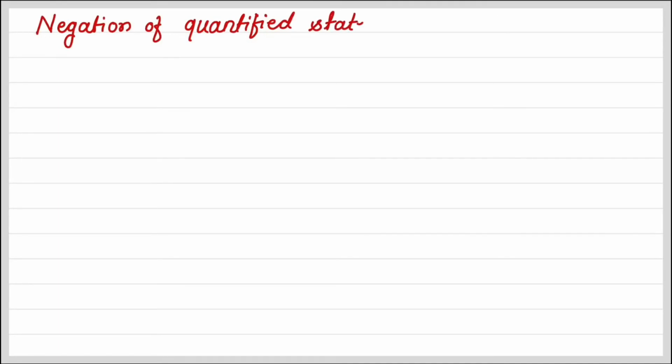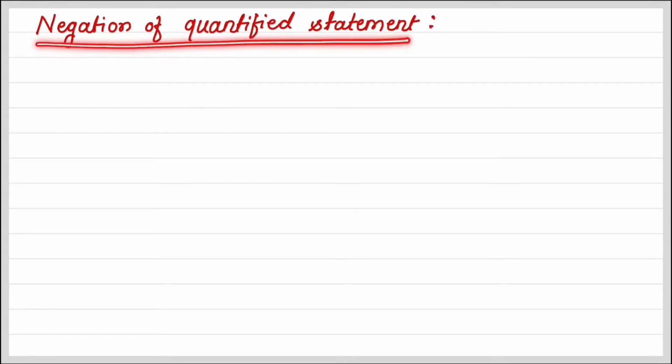In the starting of this lecture we have seen what is meant by a quantifier. A quantifier is a group of words or phrase which converts an open sentence into a statement, and the statement is known as a quantified statement. Which are the quantifiers? "For every" and "there exist" are two quantifiers: universal quantifier and existential quantifier.